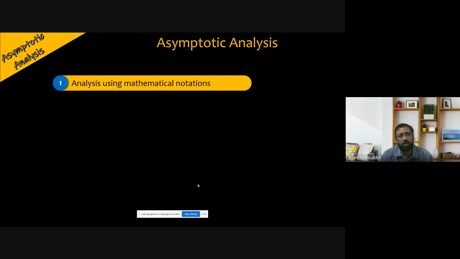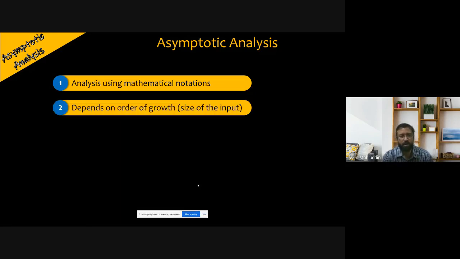For example, distance is measured in kilometers, and we measure time in seconds, minutes or hours. The same way, to measure an algorithm, we need something known as asymptotic analysis. This analysis uses mathematical notations to describe how the performance of the algorithm grows with respect to the size of the input.